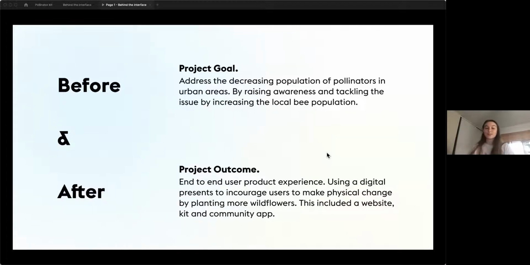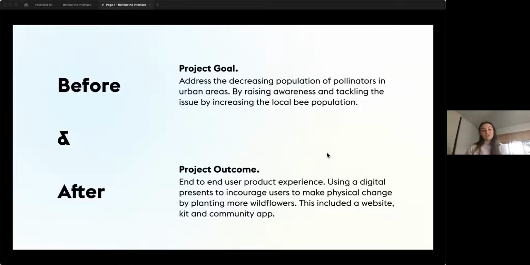And then through the project, the outcome ended up being an end-to-end user product experience using digital and physical artifacts together.